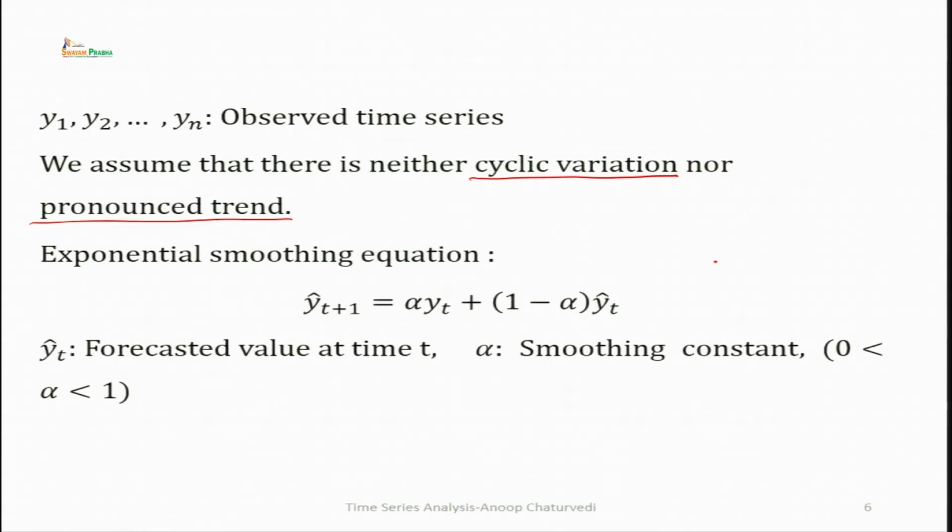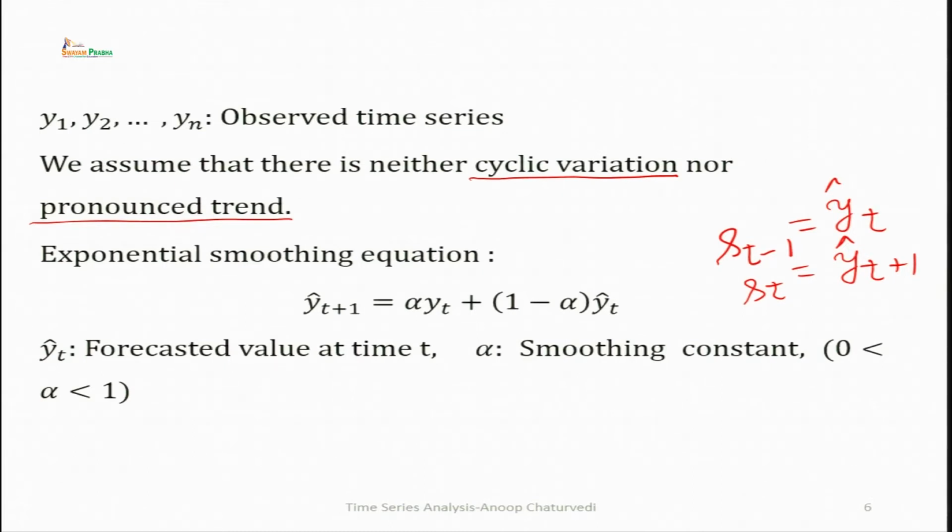So, in place of s_{t-1}, you have y hat_t, and in place of s_t, you have y hat_{t+1}. So, y hat_t is the forecasted value at time t, alpha is the smoothing constant, and alpha lies between 0 and 1.